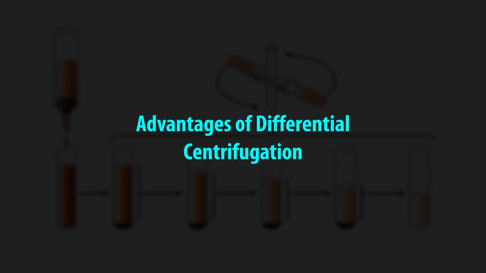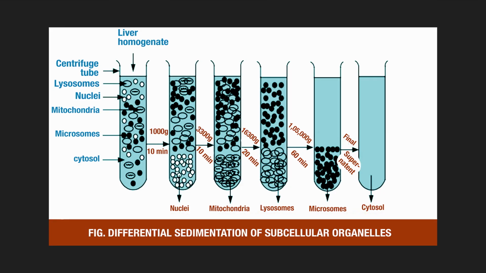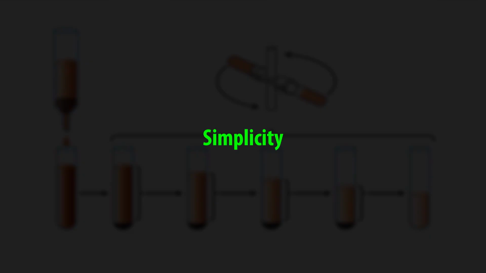We will now discuss the advantages of differential centrifugation. Simple and widely used. Quick isolation of basic organelle fractions. Simplicity: requires basic equipment like tabletop or high-speed centrifuges and straightforward protocols, accessible for teaching labs.